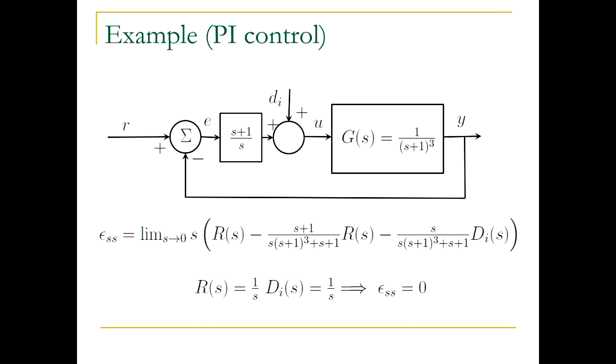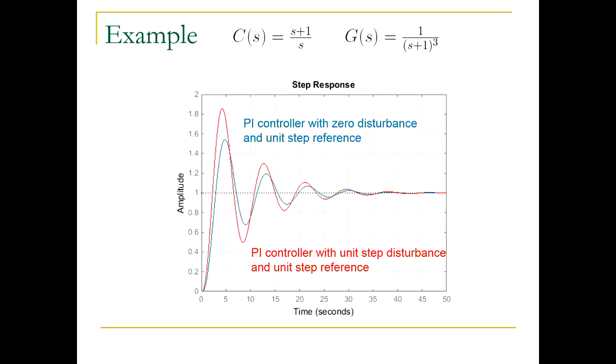If we now test the same controller with disturbance and reference, and you do the calculation for the example, when both of these are step signals, this is a step, that is a step, you still get 0 steady state error. So on this example, we basically check that what we stated is correct. The cool thing is, you simulate things.